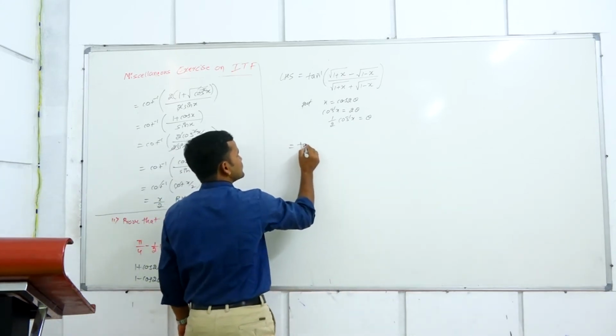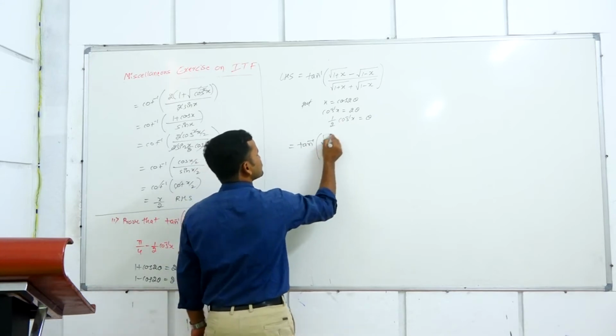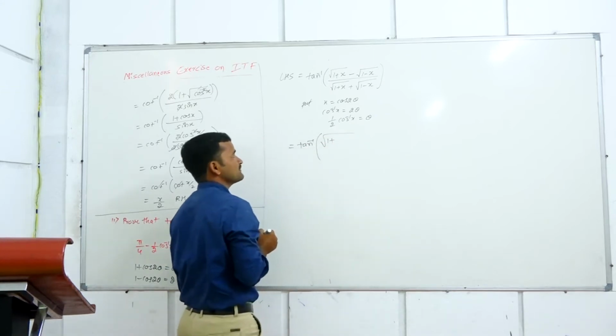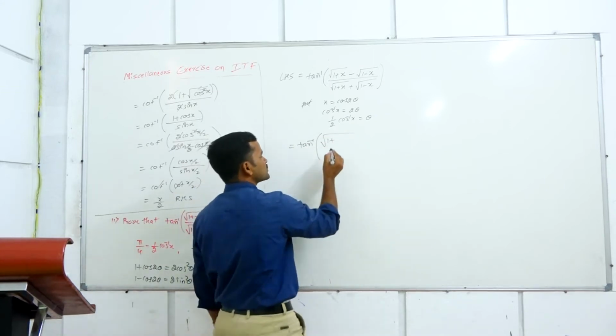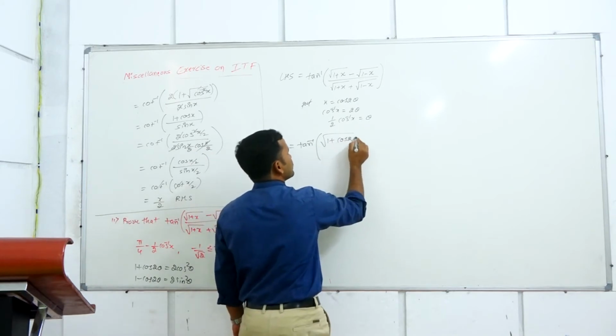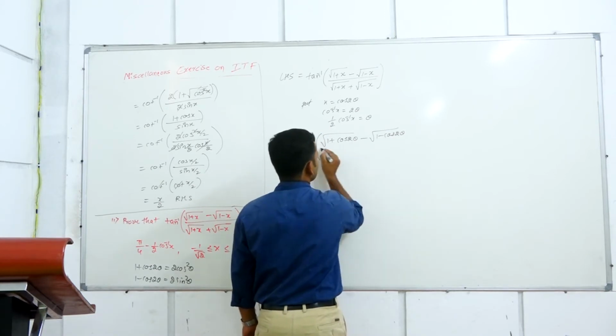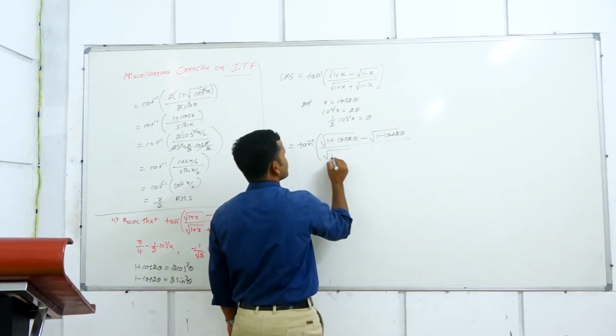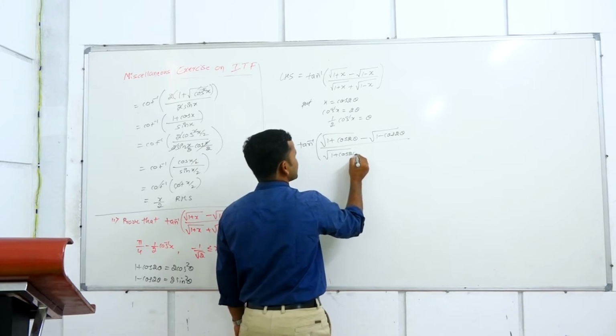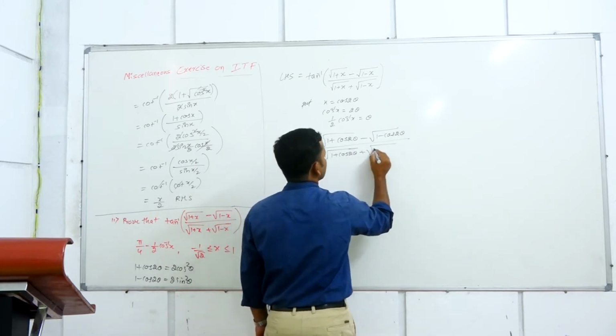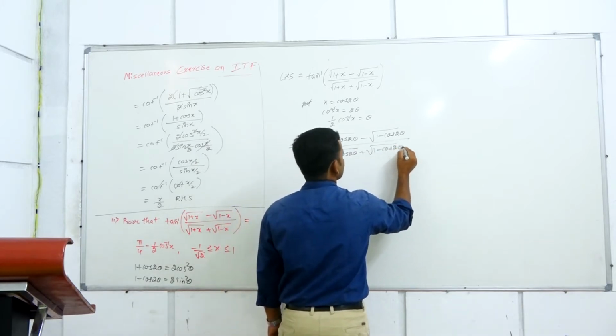LHS is tan inverse of square root of 1 plus, in place of x, I am substituting cos 2 theta, minus square root of 1 minus cos 2 theta, divided by square root of 1 plus cos 2 theta plus square root of 1 minus cos 2 theta.